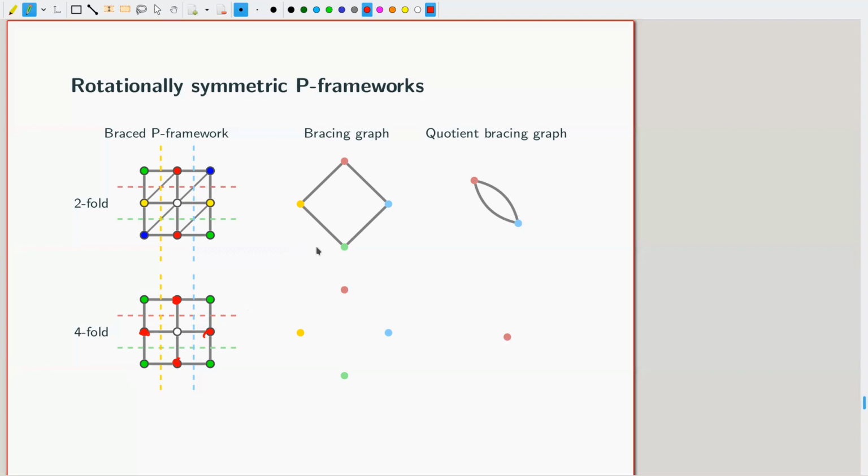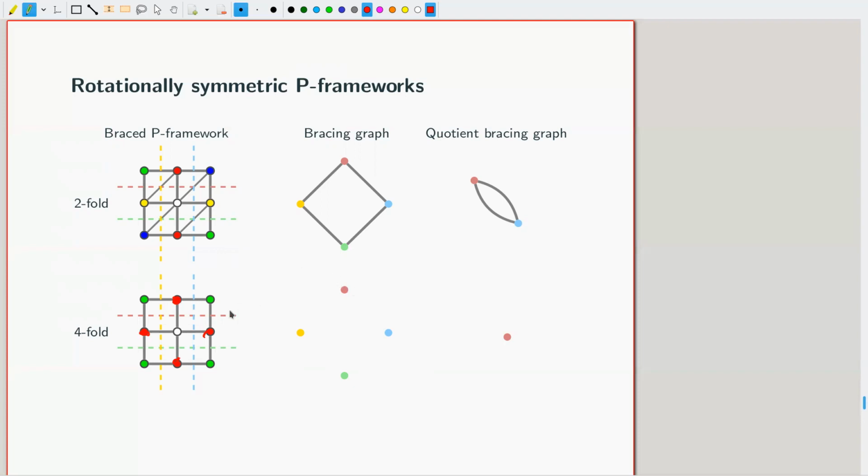So we need some trick how to transform this also to the bracing graph. And the trick is that now, instead of considering ribbons here, we quotient out the symmetry. So if 2 ribbons can be obtained from each other using some symmetry, then they collapse in the bracing graph, so that they form just one vertex. So we quotient out this symmetry.